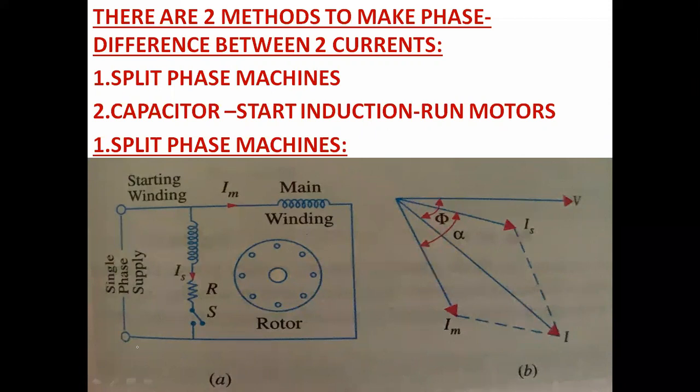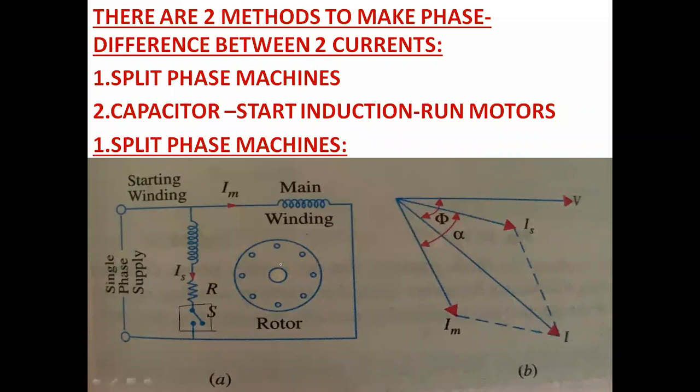If you see the circuit diagram here, a centrifugal switch S is connected in series with the starting winding.